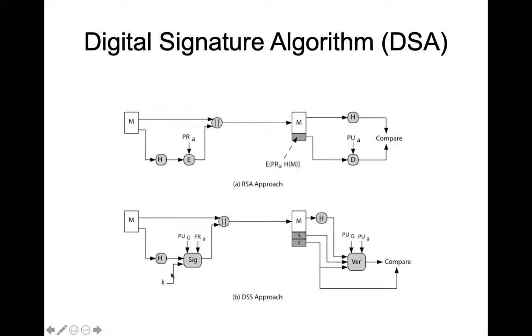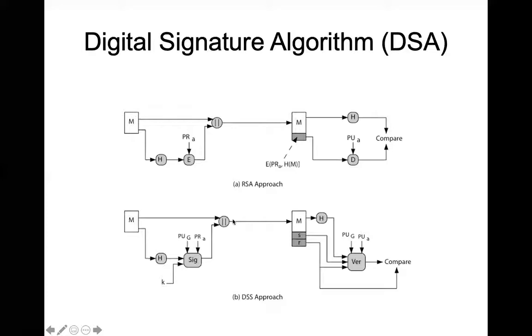The third thing it takes is this value called k, which is a random number. It is called a salt that produces a different digital signature each time, even if it's the same message. So based upon this value of k, you get a different digital signature for the same message. So you get that output and you get this message, and then you concatenate both of them and you get your output.